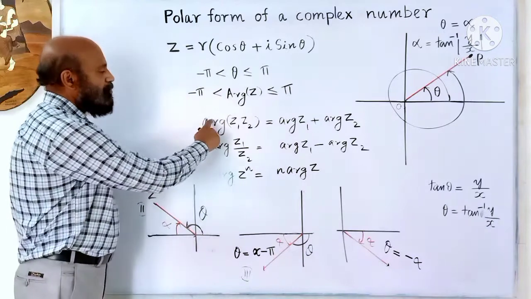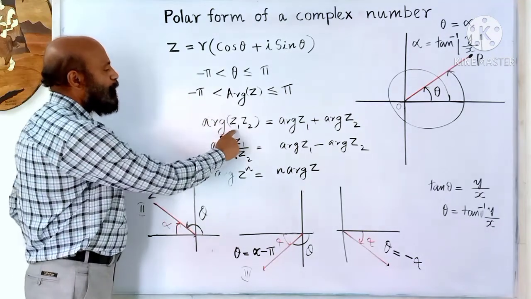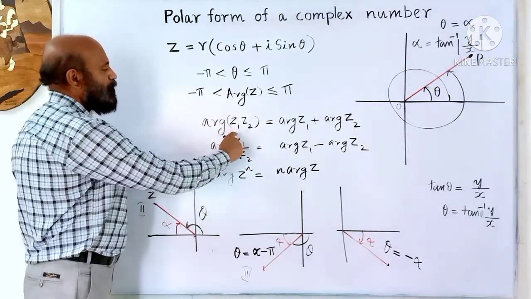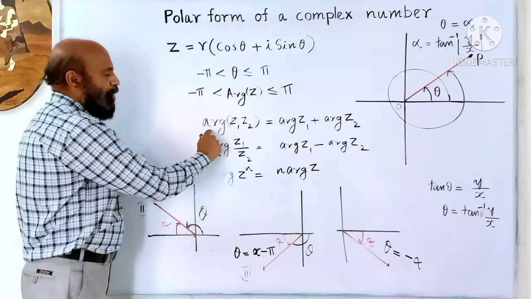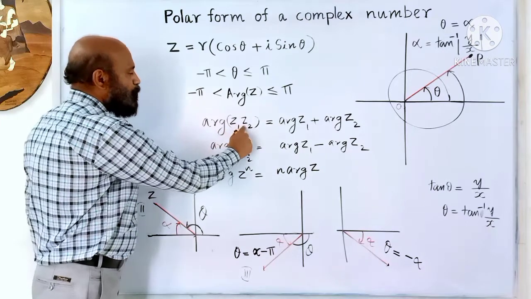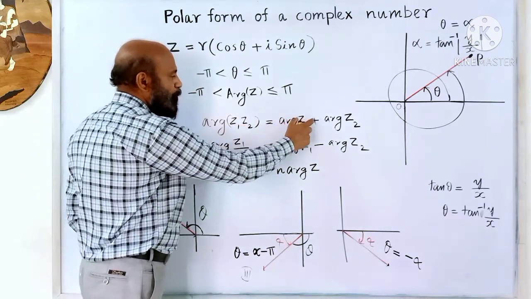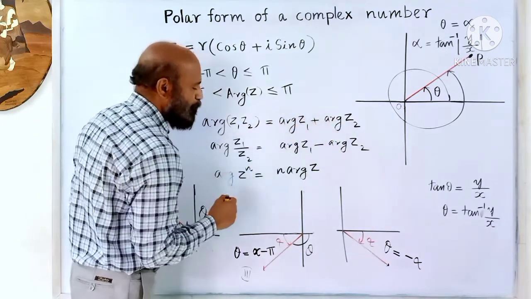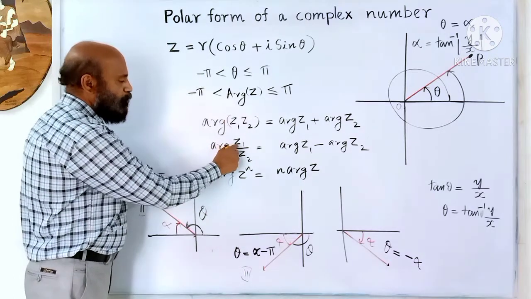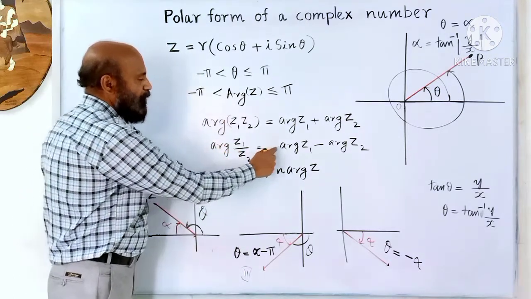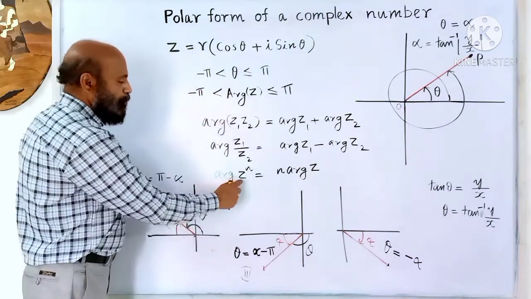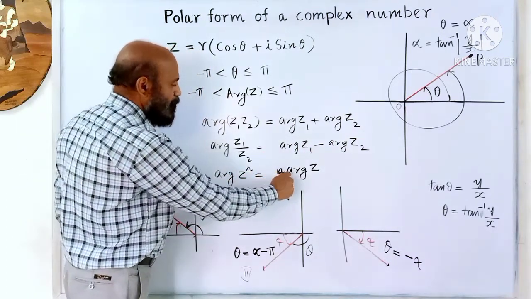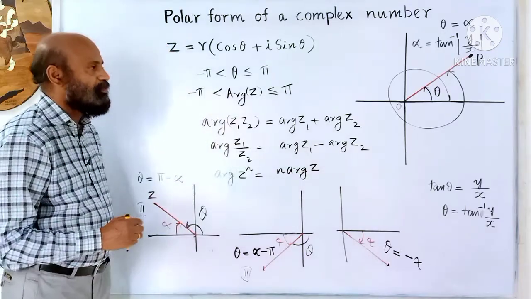Now here are some properties of argument of complex numbers. Argument of Z1 into Z2 is equal to argument of Z1 plus argument of Z2. Argument of Z1 divided by Z2 is argument of Z1 minus argument of Z2. Argument of Z raised to n is n times argument of Z.